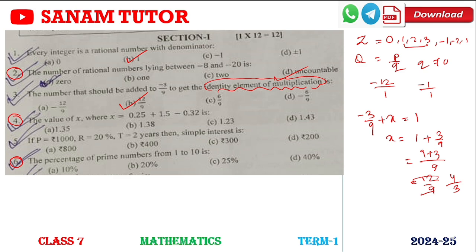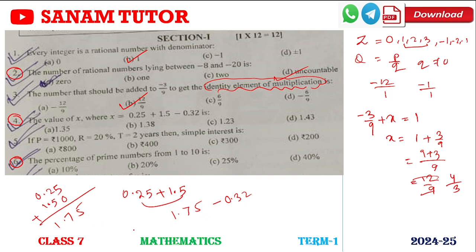Next question, the value of x. This type of question will repeat from my video. The value of x is 0.25 plus 1.5. First write down 0.25, then write down 1.5, and add: 5, 7, 1, giving 1.75. Then subtract 0.32.